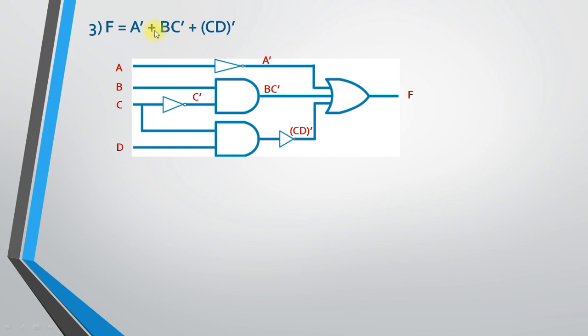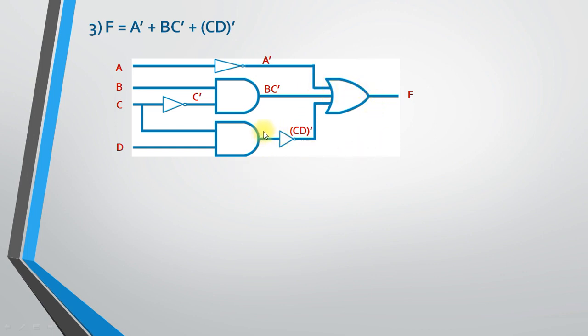OR can be represented by plus sign: A dash, BC dash and CD whole dash, and finally you will get function F. Remember one thing, develop the habit to write the values of each particular line in this way. Using this style, you will easily get the answer and you will definitely get the correct answer.